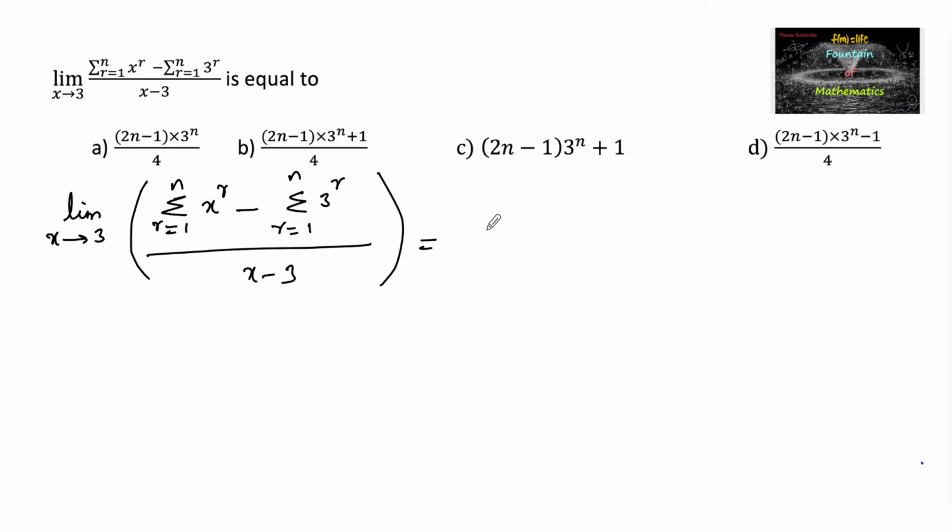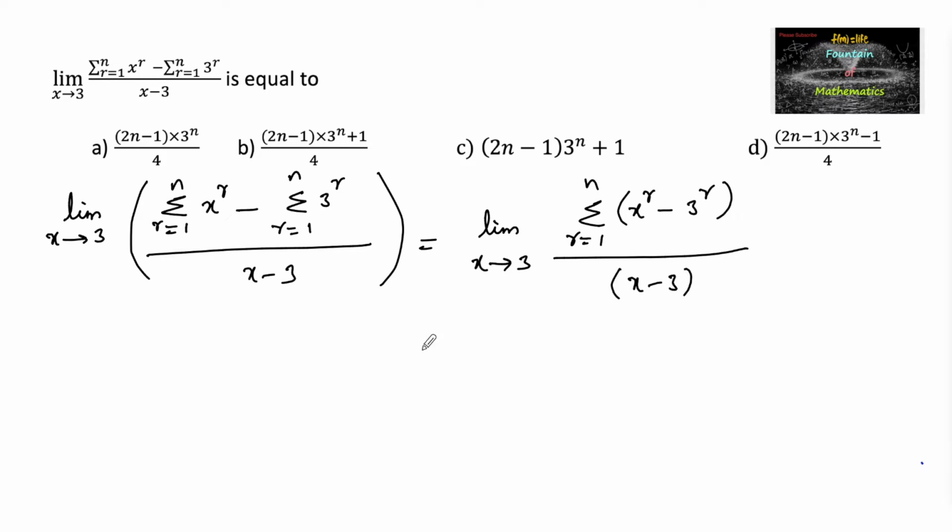So this can also be written as limit x tends to 3, summation over r equals 1 to n of (x power r minus 3 power r) divided by (x minus 3).